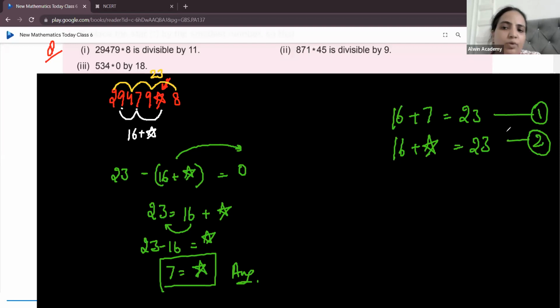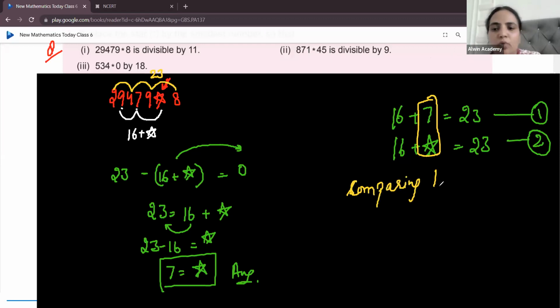When you compare both the equations, you will know that star is 7. So you'll write here: comparing both the equations, star equals 7.